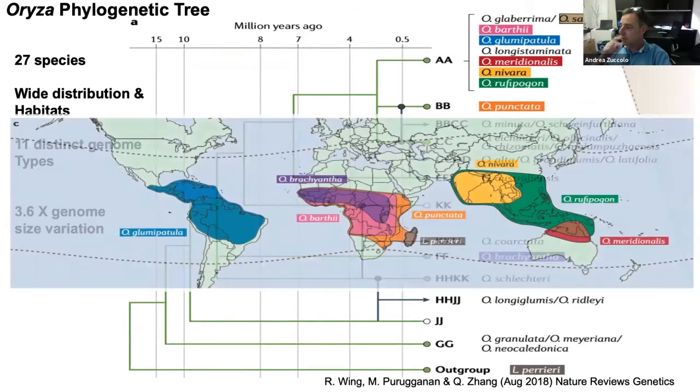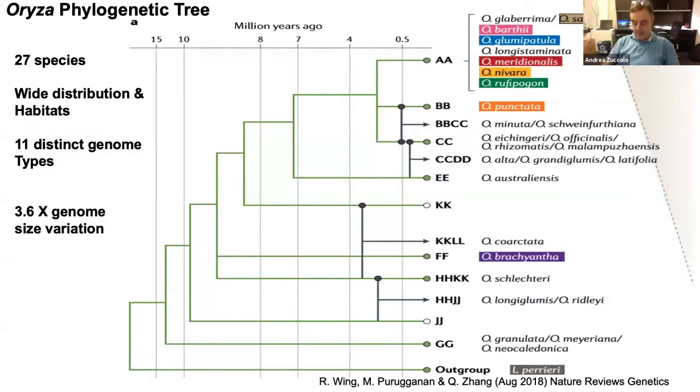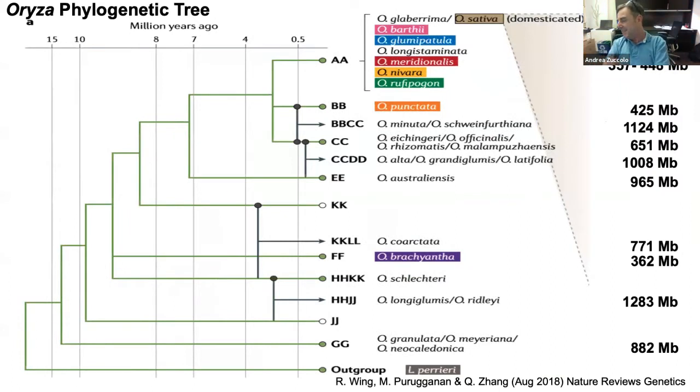These species cover a wide range of different habitats, and, most interestingly, a significant variation in genome size can be appreciated inside this genus, going from the smallest genome, 357 megabases for Oryza glaberrima, to the largest one, 1283 megabases for Oryza ridleyi.